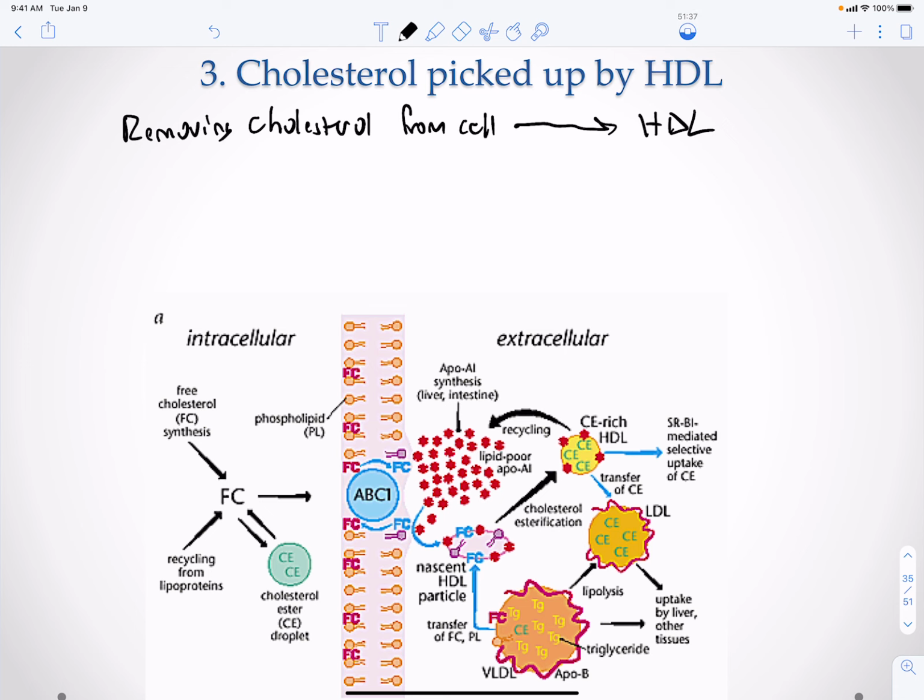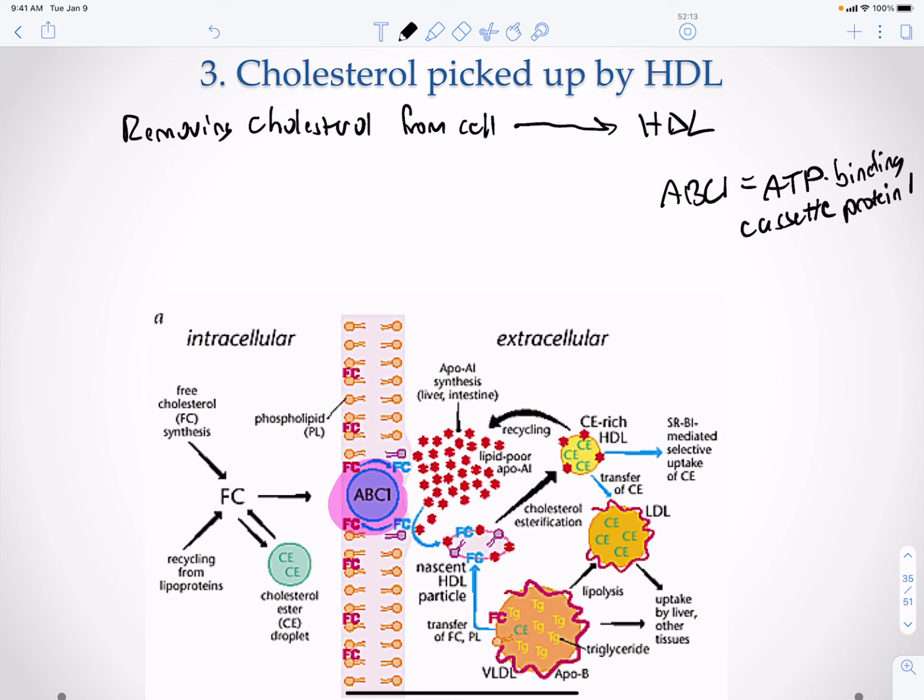Now, the cells themselves are going to contain a particular protein, ABC1. ABC1 simply means ATP binding cassette protein 1.